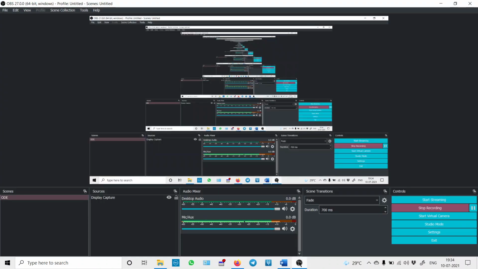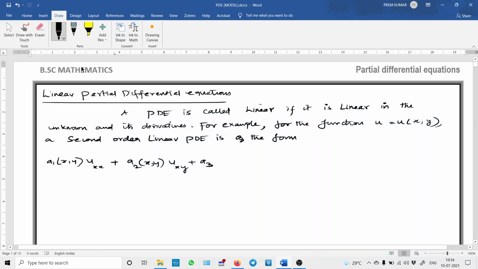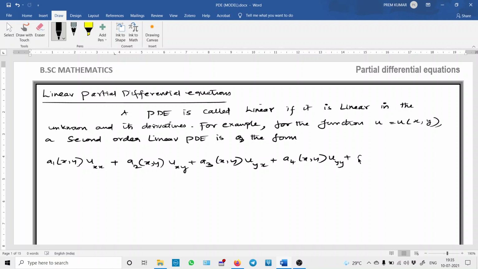plus a3 of x comma y u yx plus a4 of x comma y u yy plus a5 of x comma y u x plus a6 of x comma y u y plus a7 of x comma y u, and this equals f of x comma y.